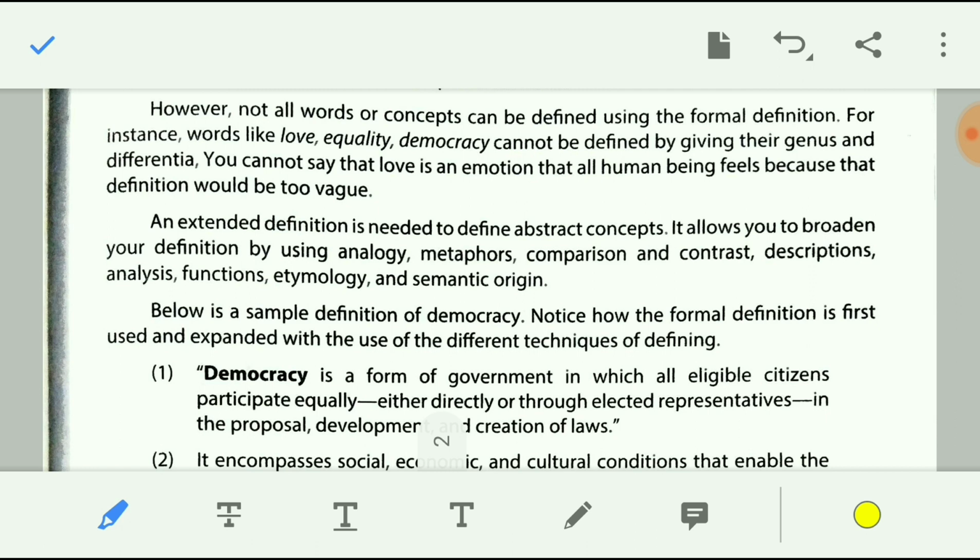There is more to it than its genus and differentia. So this time we're using what we call extended definition. The extended definition is needed to define abstract concepts. It allows you to broaden your definition by using analogy, metaphors, comparison and contrast, descriptions, analysis, functions, etymology, and the semantic origin.